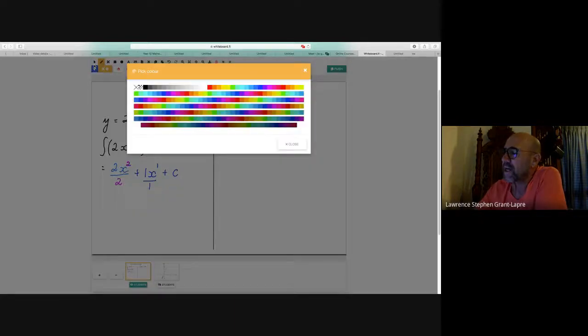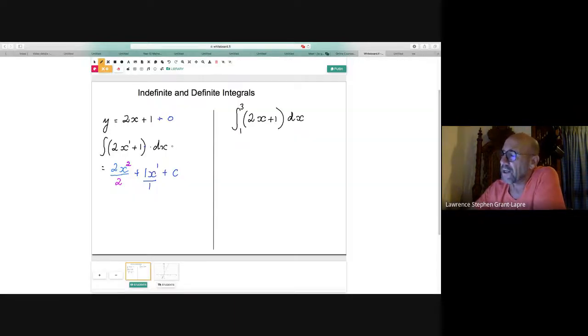Now just check if you've done it correctly. The derivative of the constant is 0. The derivative of x is 1. And the derivative of x squared is 2x.